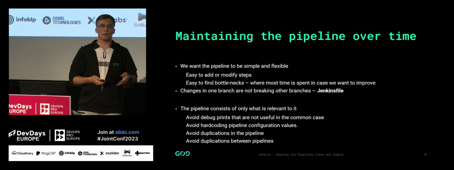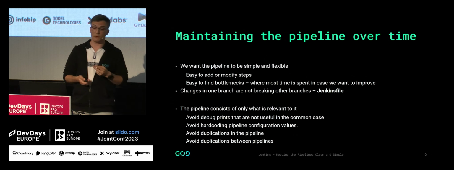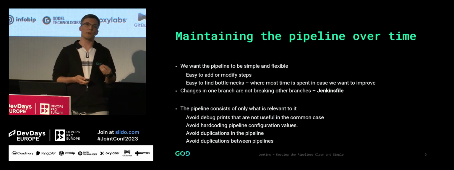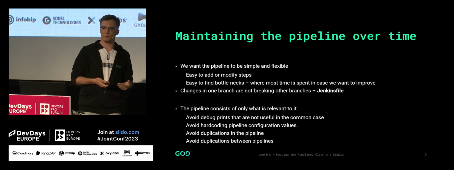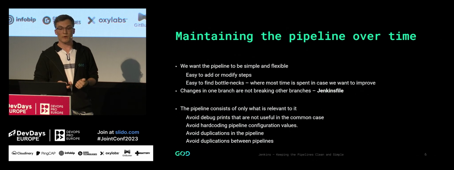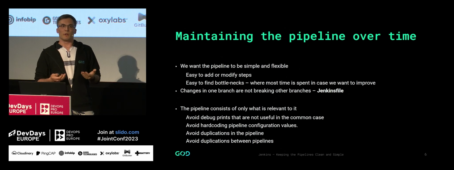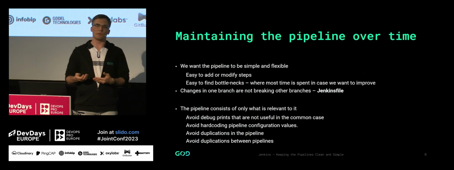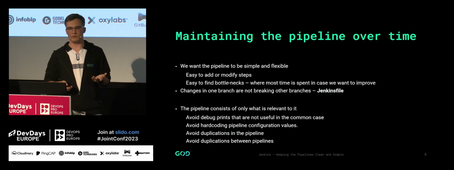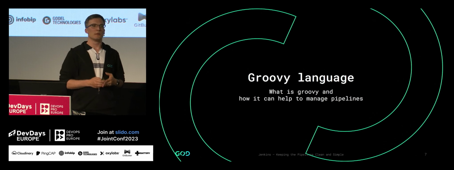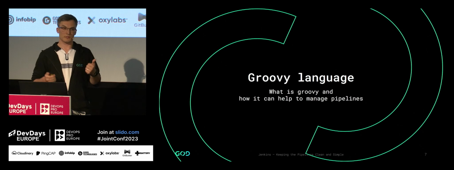Of course, avoid hard coding any configuration value. And the last two things that you want to avoid as much as possible are duplications inside one pipeline, which most of the time you can avoid by using functions. But if you have several projects, you also want to avoid duplications between your pipelines, between the different projects. And how do you achieve that? With a shared library.